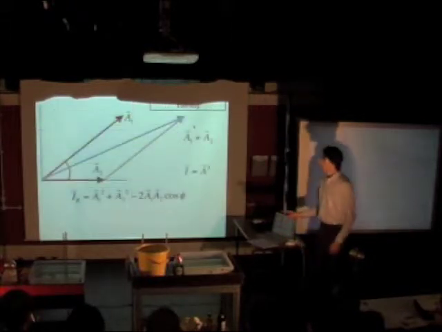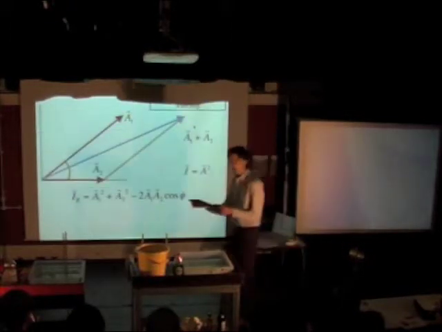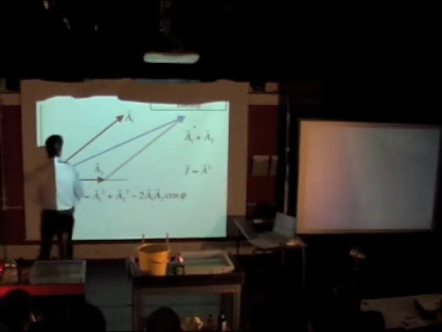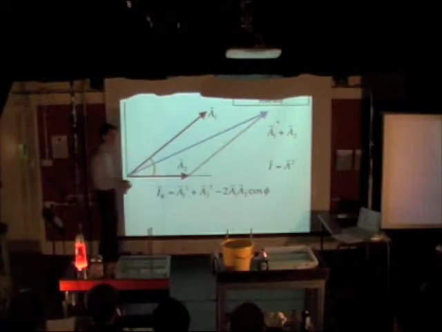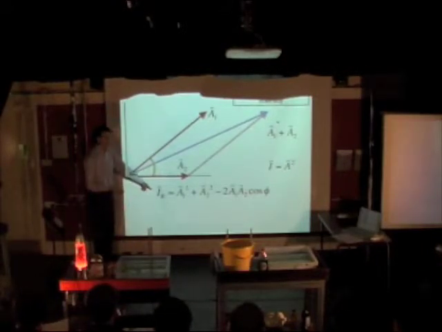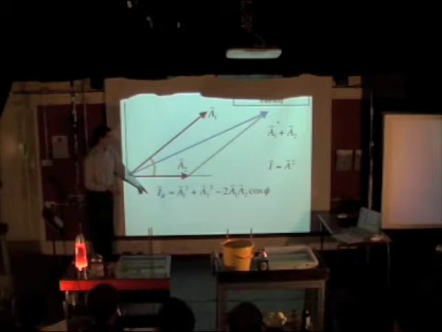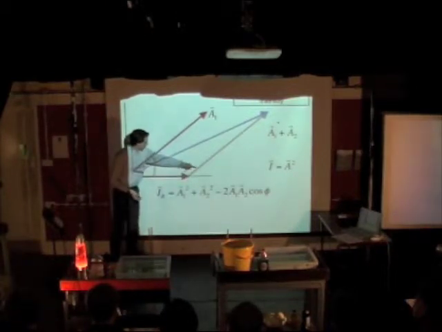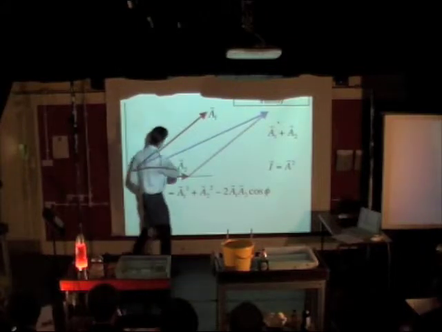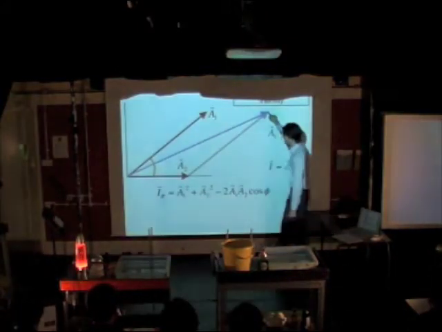Now, I said we're going to add some arrows together that represent the amplitudes. Here's amplitude 1 from, say, the surface A. Here's amplitude 2 from surface B. And I used this guy, which is the cosine rule. And this cosine would be this angle here. So here's my vector addition of those 2 amplitudes.